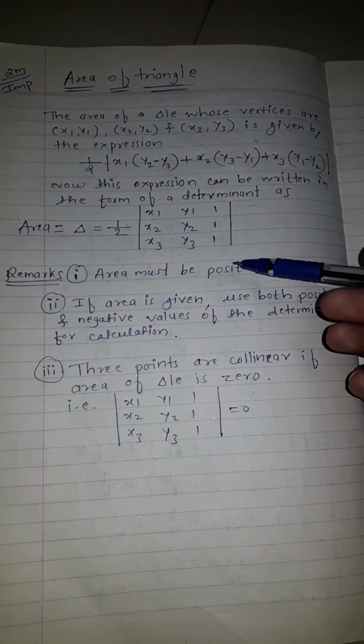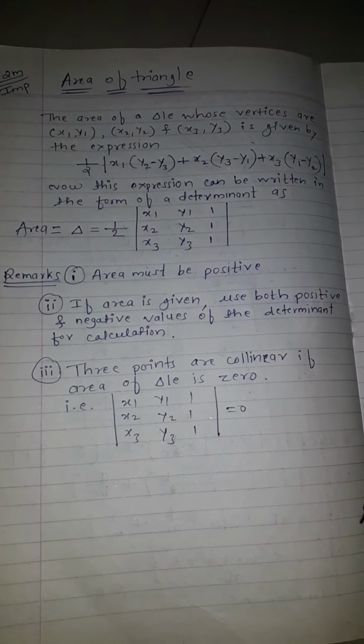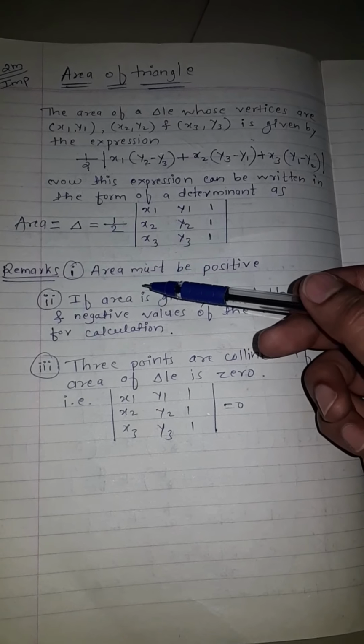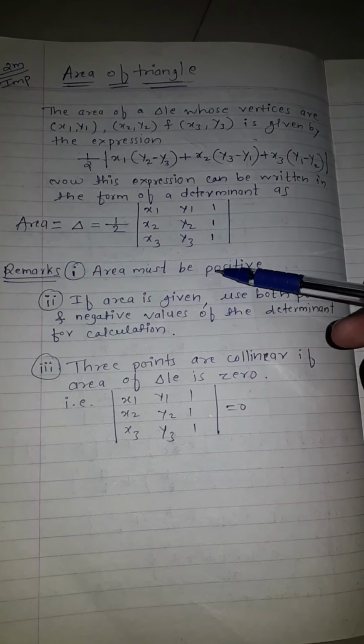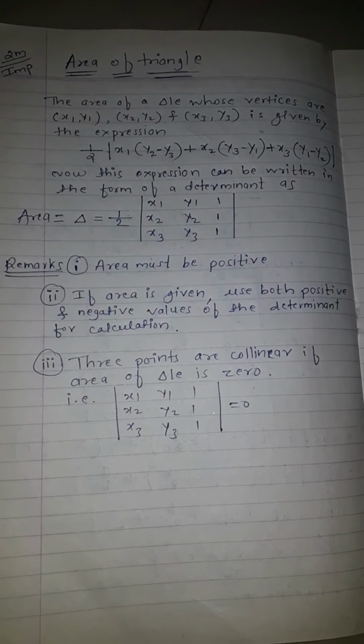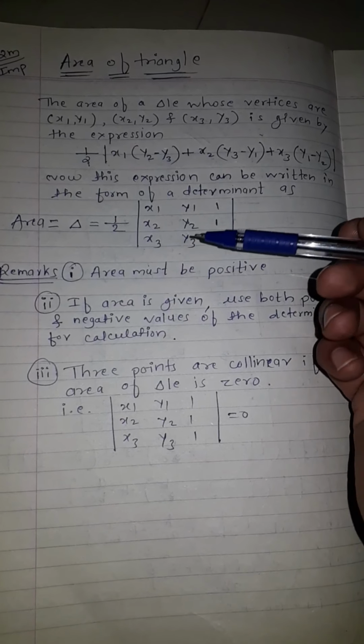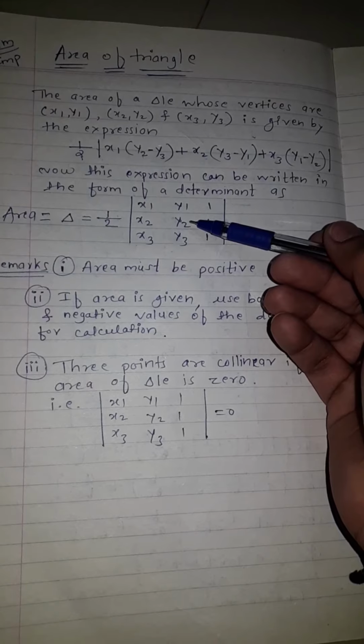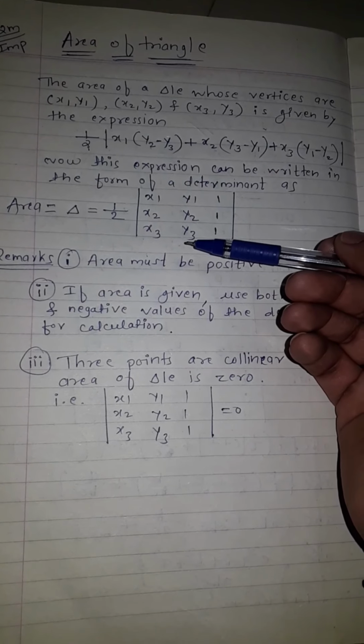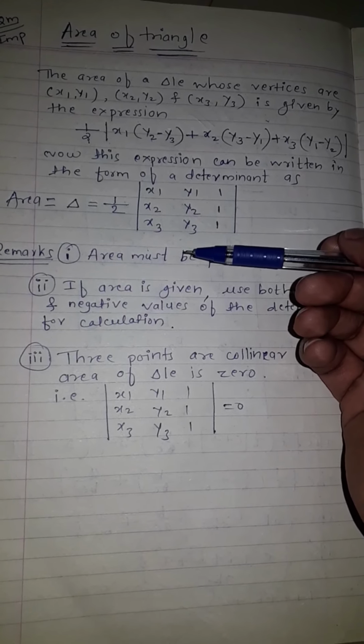Here I have given some remarks, and these remarks are also important. First remark: area must always be positive. Suppose after substituting the vertices or points in the formula you got the area as minus 5.